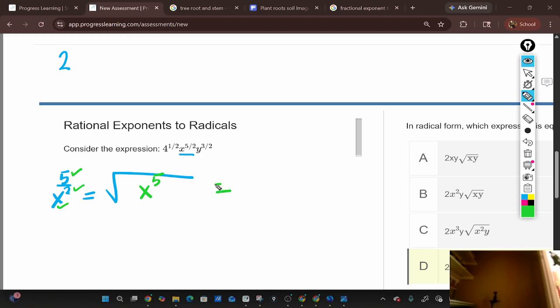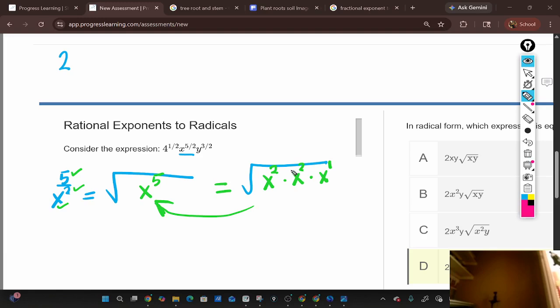Actually, we can try something like this. We can make it x to the power 2 times x to the power 2 times x to the power 1. So 2 plus 2 is 4, plus 1 is 5. So x to the power 2 times x to the power 2 times x to the power 1 is the same as x to the power 5.